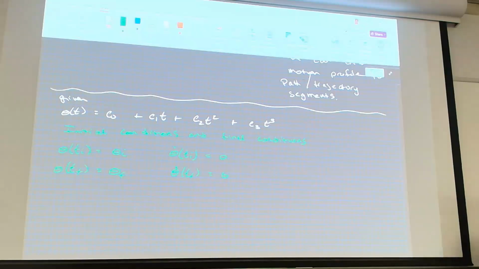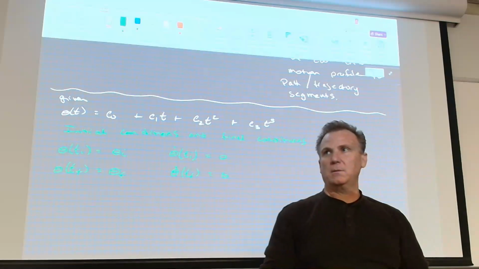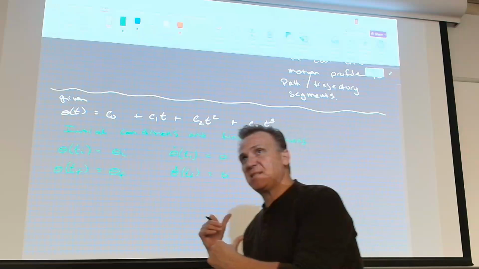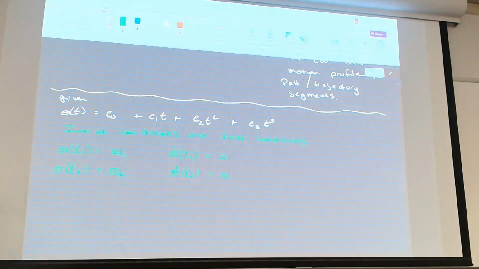And this is the motion profile for joint 1. Motion profile for joint 2. So in our previous example, theta 1 initial was 20 degrees, theta 1 final was 40 degrees. We had theta 2 at 30 degrees initial, theta 2 final was 80 degrees. So we do this for each joint.